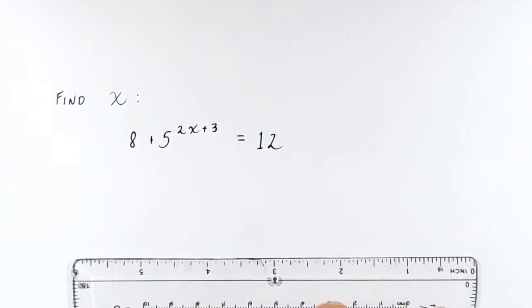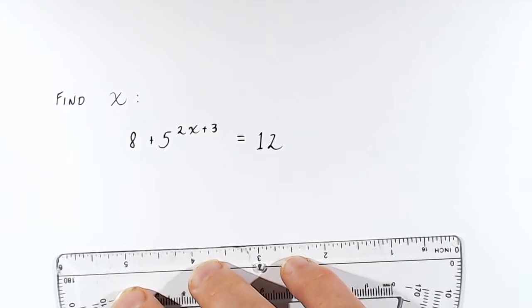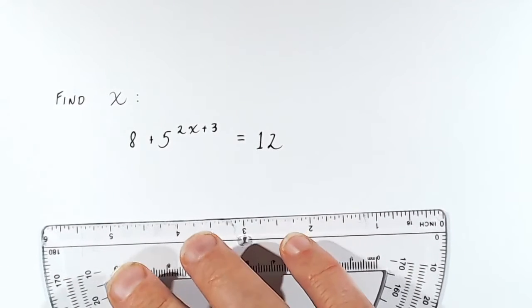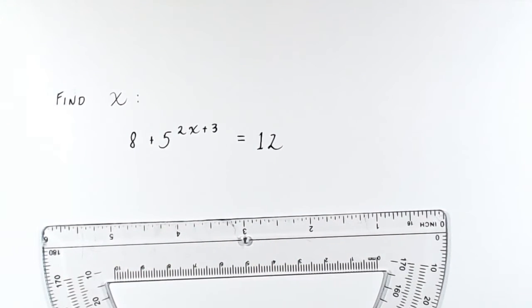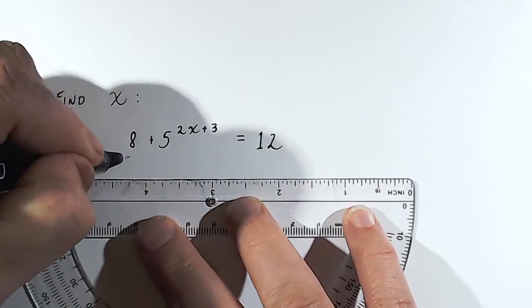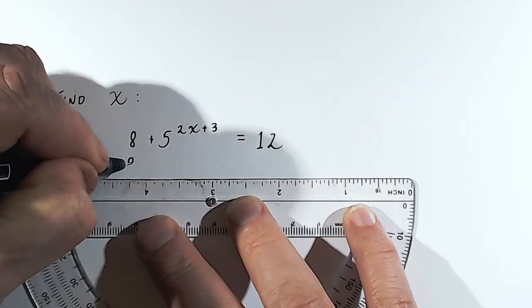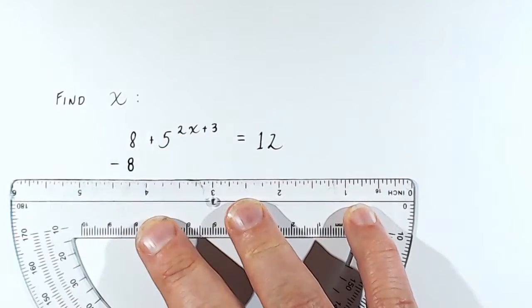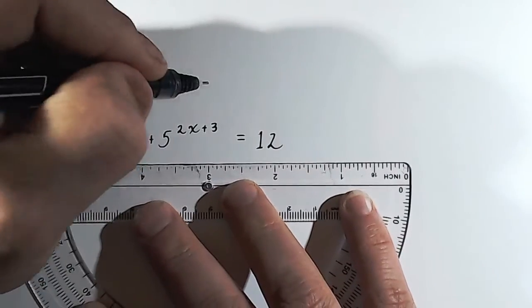All right, so here's how we solve equations like this, because you have up until now really not worked with this type of information if you've been in my classes. So let me show you what to do. First, we just start by isolating that term that has the exponent by subtracting 8 from both sides.